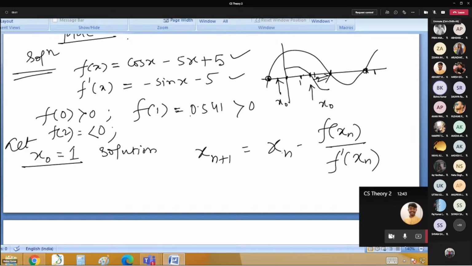For that purpose, suppose you give n equals 0 and less than the maximum number of iterations.